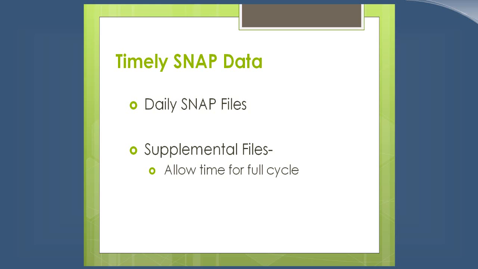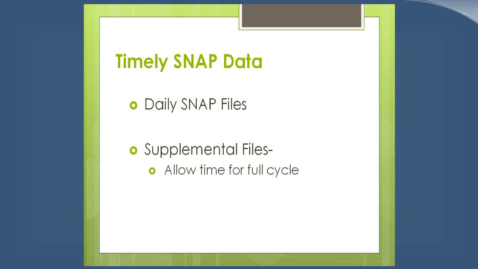So if you're able to get daily files from them, if you're not getting them now, what you would probably want to do is have that discussion and see if their system can make those daily files accessible to you, because that's going to give you the most accurate data, and it's also going to give you the most records that are going to be available for you to match against.